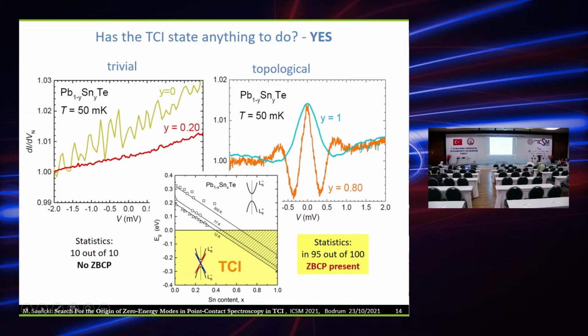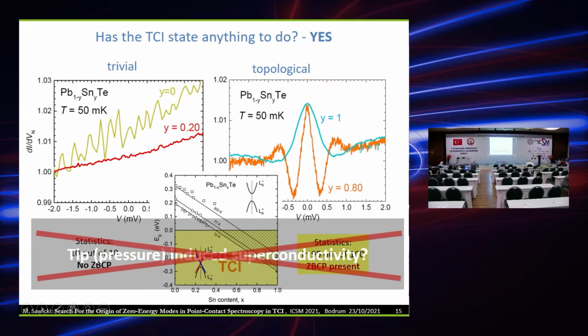In 10 attempts on trivial cases, no zero-bias conductance peak was found. We tried up to about 100 contacts in the topological case, and in 95 of them, so 95%, we found these features. So it is a strong indication that the topological nature of this material plays an important role.